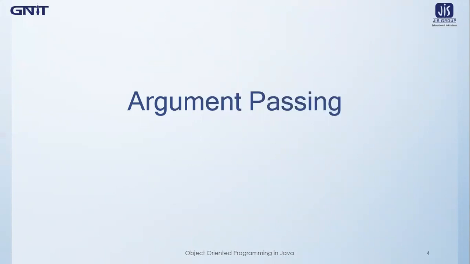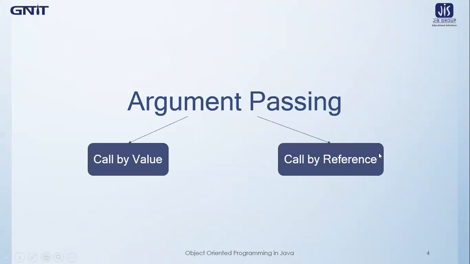The same concept is applied here also, whenever we pass some arguments, specifically variables, to a method. Argument passing is of two types, call by value and call by reference. You have already learned these concepts in C or C++ languages. These concepts are also there in Java. So let us learn each of these concepts by doing some programs.